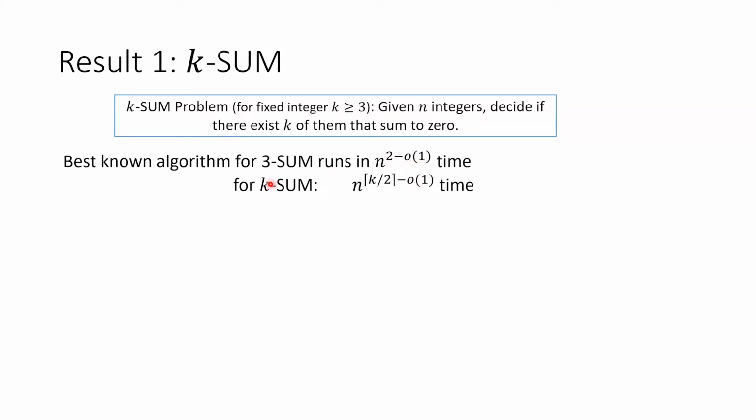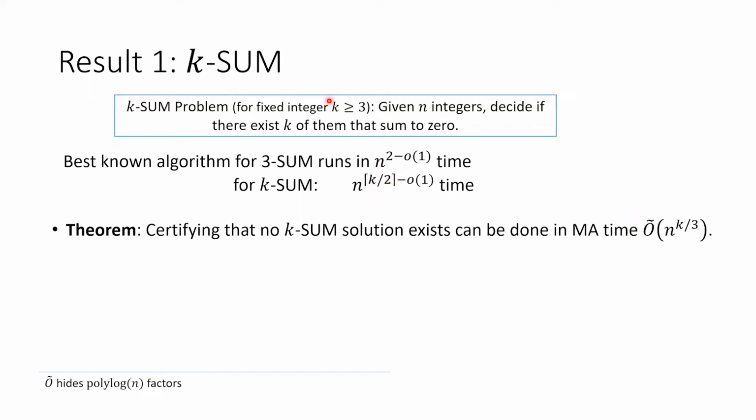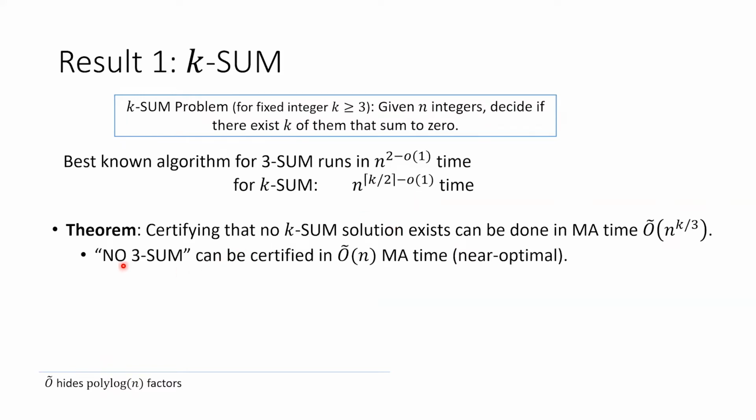More generally, for k-SUM, the best known running time is n to the ceiling of k over 2. In this paper, we show that certifying that no k-SUM solution exists can be done in Merlin-Arthur time roughly n to the k over 3, ignoring polylog n factors. So in particular, no 3SUM can be certified in near-linear MA time.